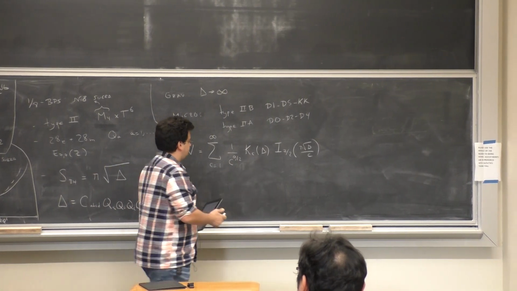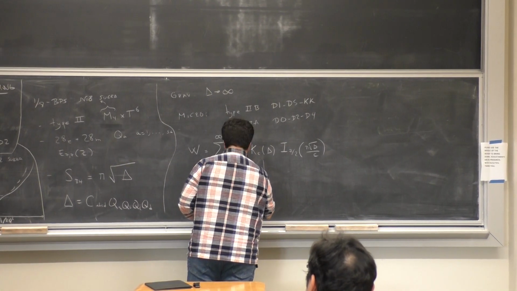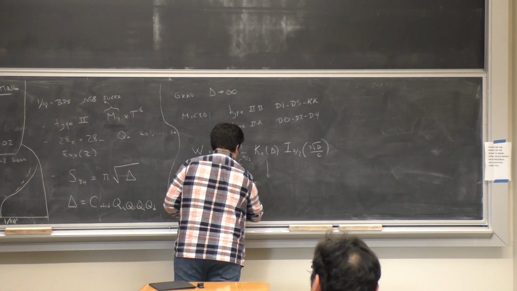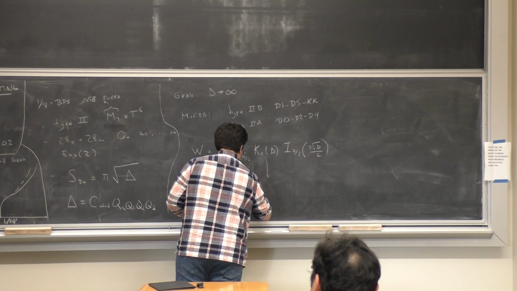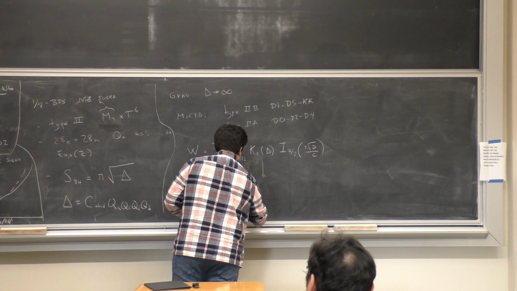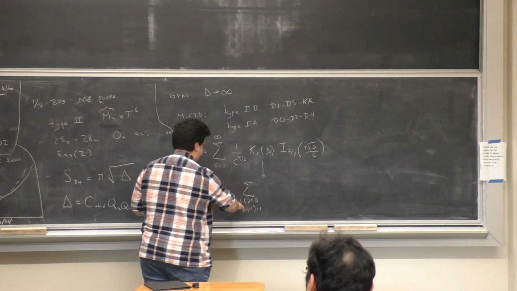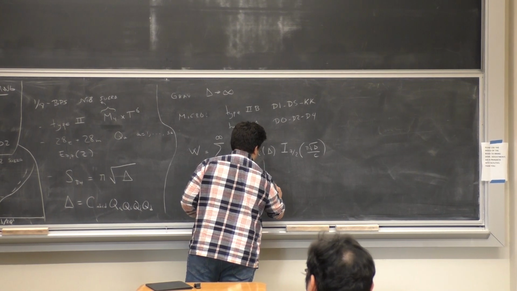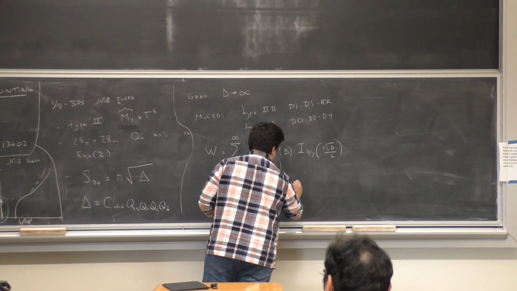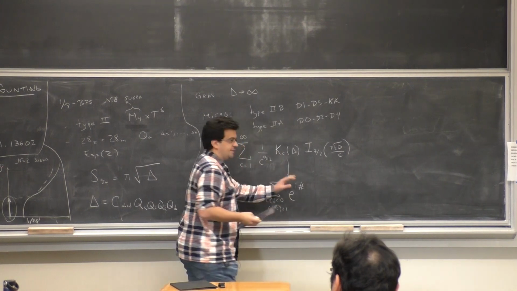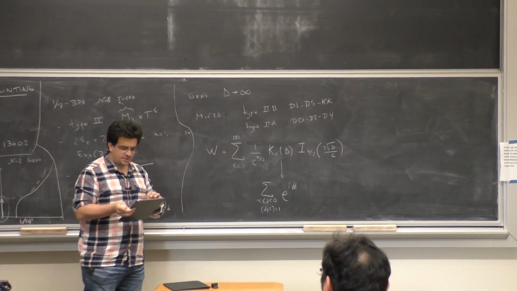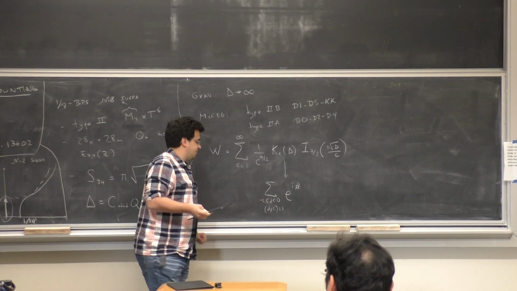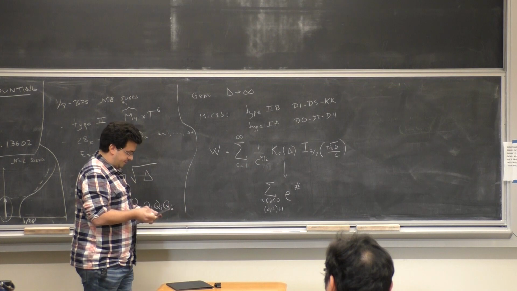This is a Kloosterman sum, which I'm not going to write down, but I can tell you that it's a sum over some other integer d, that will appear later, that goes from 0 to c, coprime with it. The only important thing is that it's a sum of phases. It's kind of long to write down, and I'm not going to go into detail on these phases, but they are part of the final answer.